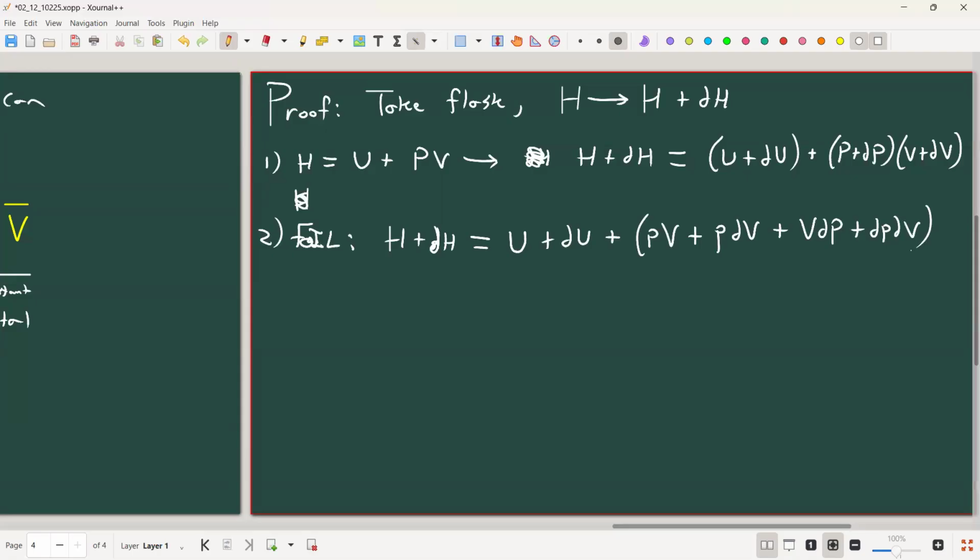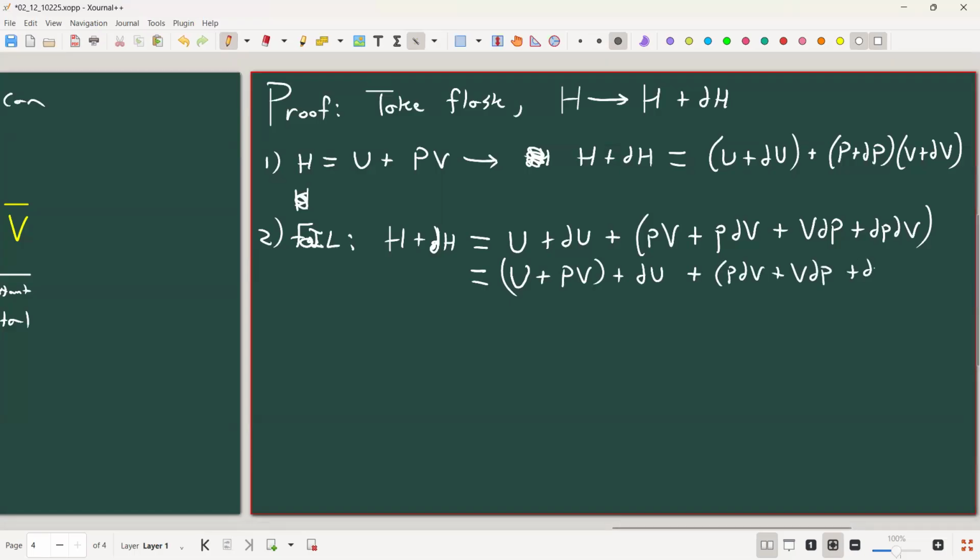Just foiling out that thing on the right. All right, I can rearrange this a little bit and write this as U plus PV plus dU plus PdV plus VdP plus dPdV.